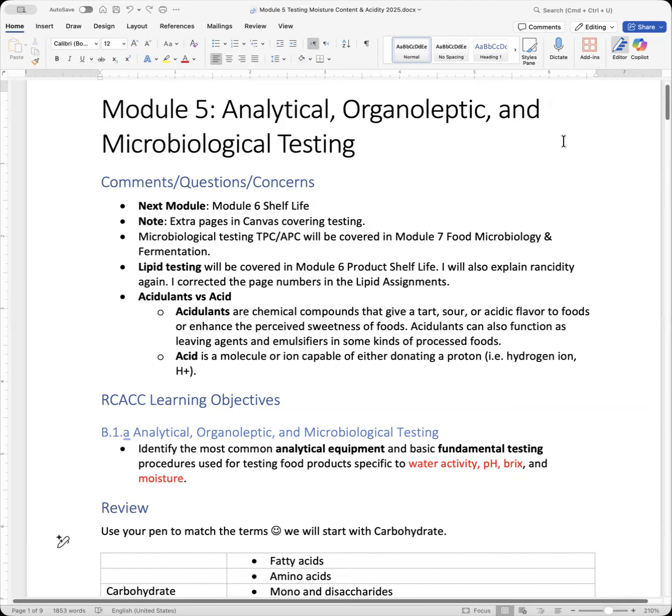Because this module is so big, I've divided it up, and so I'll be talking about it again next week. And also in Module 7, when we talk about microbiology, then we'll talk about the microbiological testing. So just to spread it out a little bit so it's more interesting.